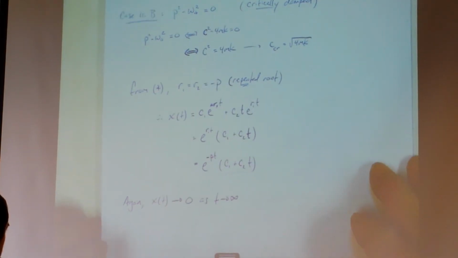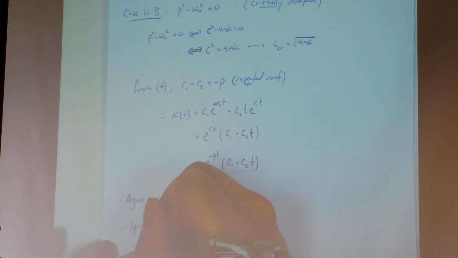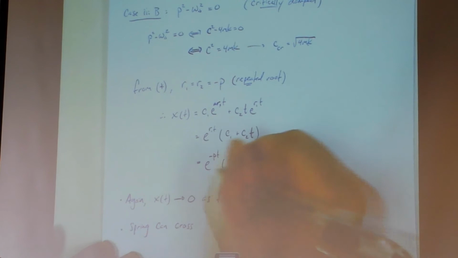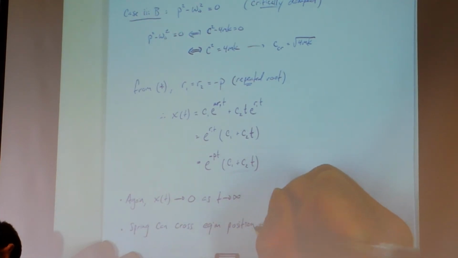Another thing, the spring, according to this equation, can cross its equilibrium position at most once. Why is that?